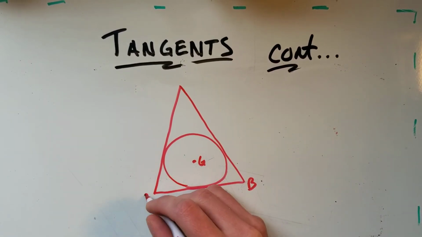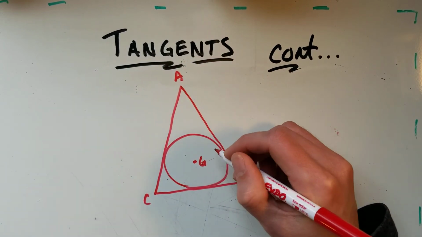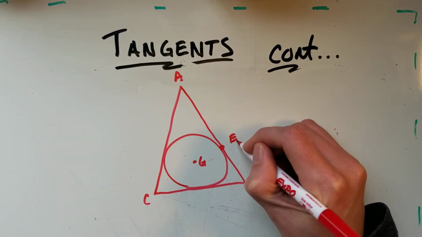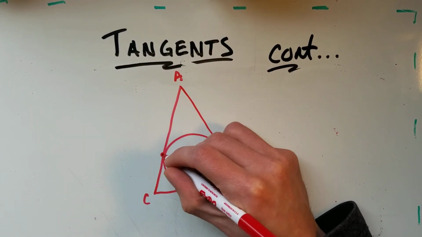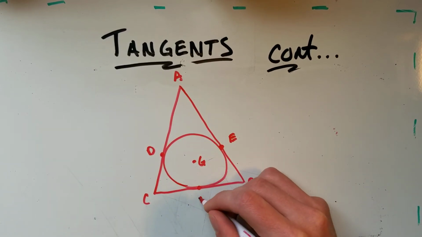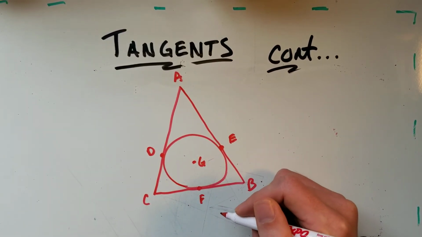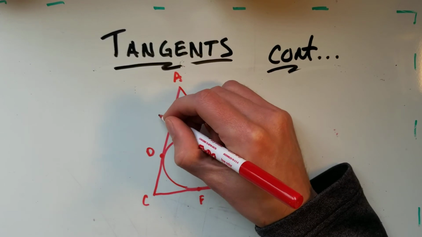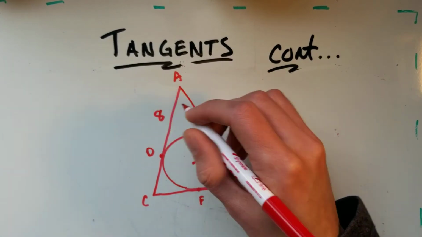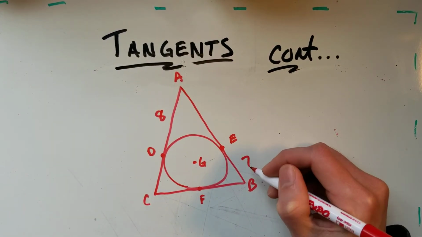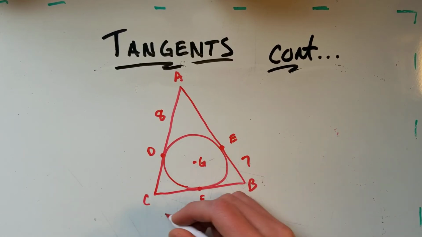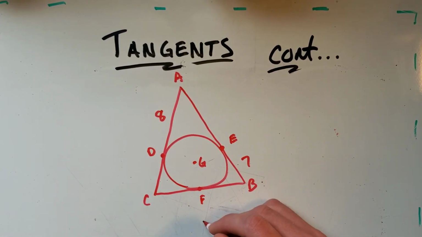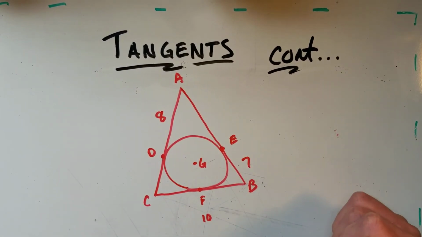It's triangle ABC, and we have point E here. We have point D here and point F on the bottom. Those are the points of tangency here. So AD we're given is 8, EB we're given is 7, and CB, the whole length, we're given is 10. And we're in the units of feet here.